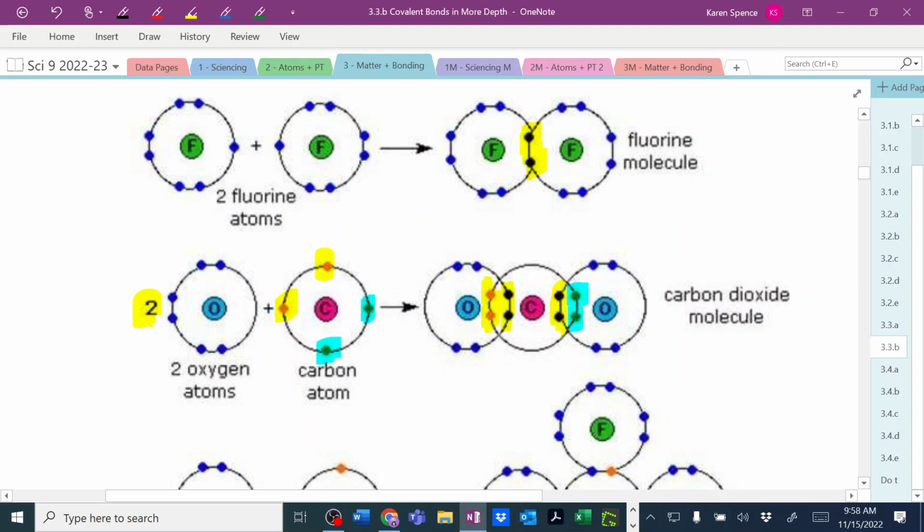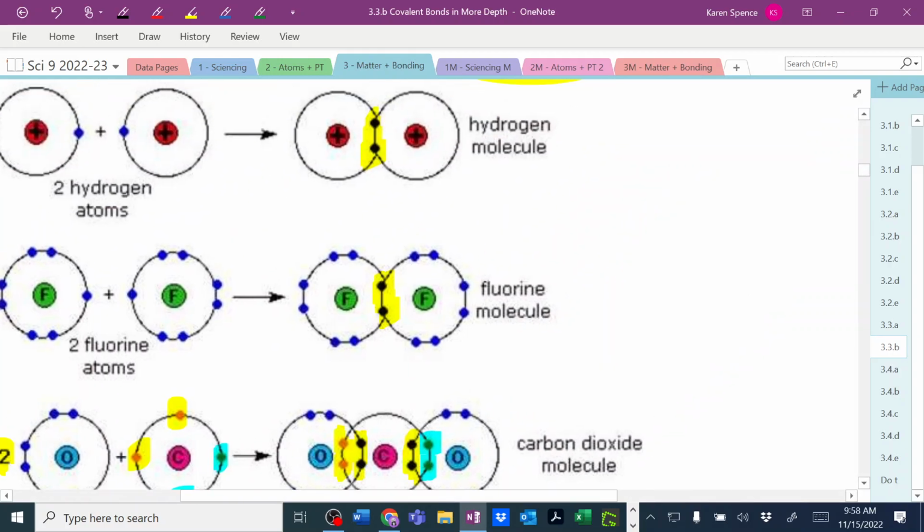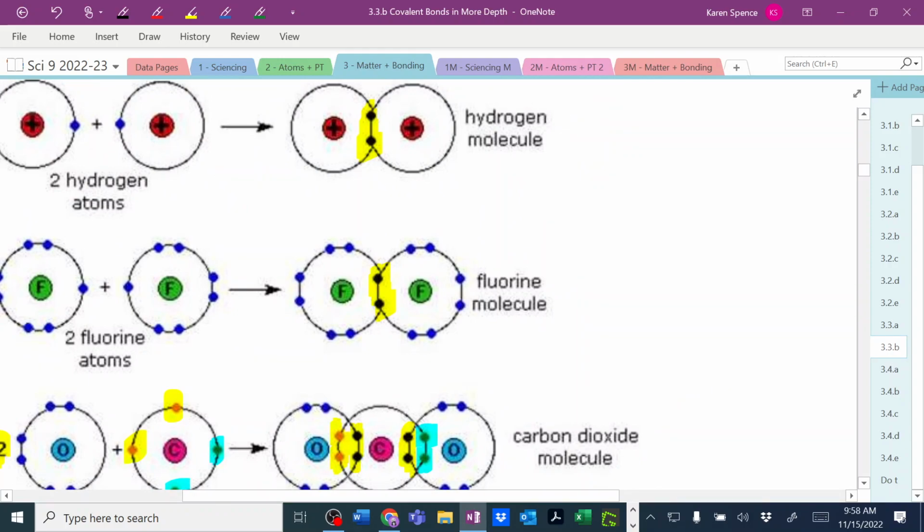Yes? So if I wanted to draw the hydrogen molecule and I put an H here and an H here, what would I draw in between them? One line, right? If I have my fluorine, what would I draw in between my 2 fluorines? One line, because there's one shared pair.